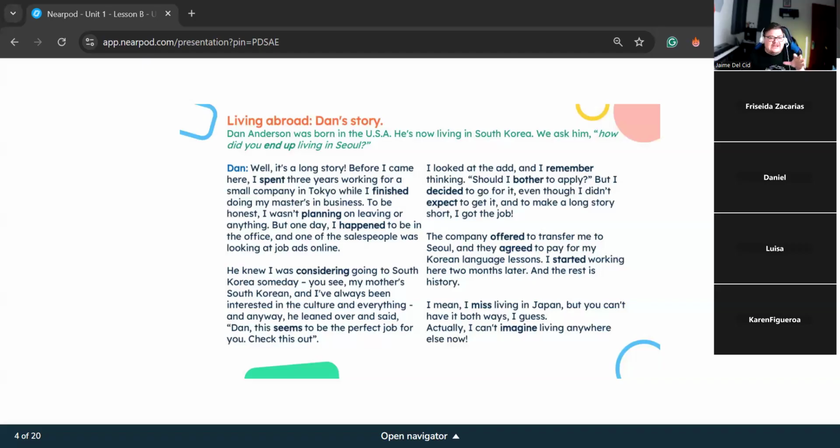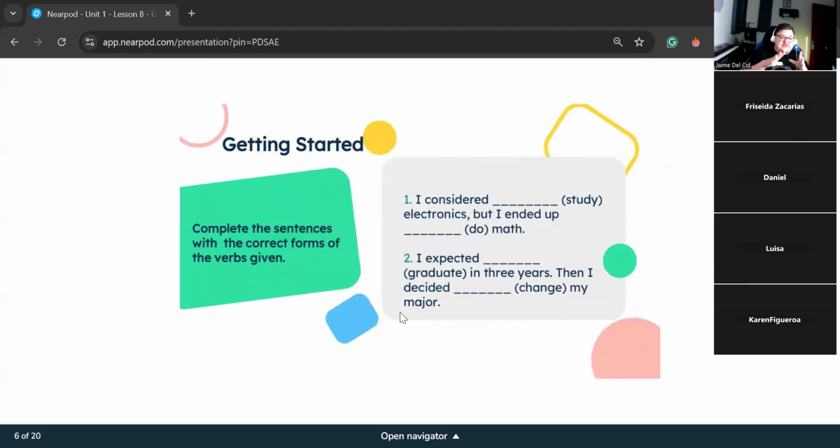Now, while we were reading and now that we are listening to the different answers to the very specific questions, there are certain ways in which Dan, when he's telling his story, is using the language, and I want you to pay attention to that. So I want you to help me completing the sentences. These are just 2 exercises, but we're missing the correct conjugation of the verbs in here.